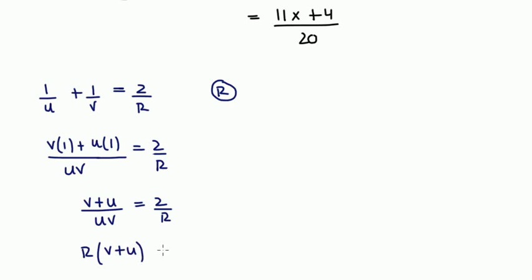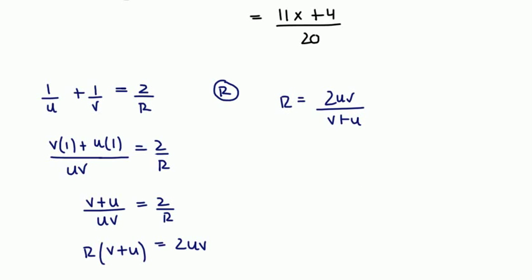So I have r multiplied by v plus u. If I'm dividing by uv on the left, I multiply it on the other side, so I get 2uv. So to get r by itself, I'm multiplying r by v plus u, so I have to divide on the right. So now I have everything in terms of u and v, and r is my subject.